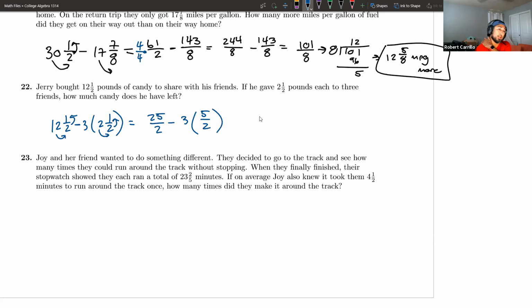Now we multiply that 3 in there. And we get 25/2 minus 15/2. And now we can subtract these and you get 10 over 2, which, hey, that gives us 5 pounds left.